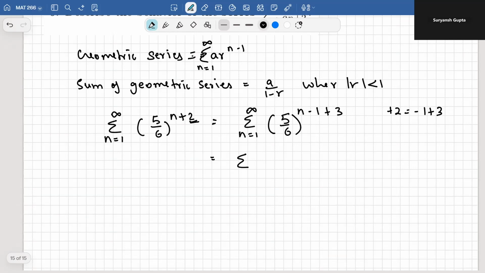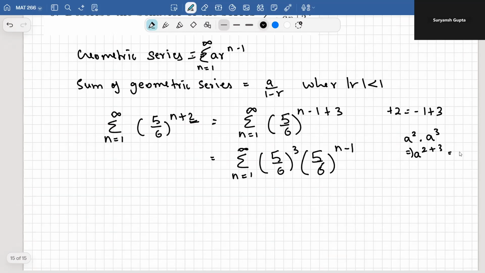Next, I can write this as 5 by 6 to the power 3 times 5 by 6 to the power n minus 1. What I did here is, let's say I have a to the power 2 times a to the power 3. I can write it as a to the power 2 plus 3, which is then equal to a to the power 5. All I'm doing is back stepping from this.